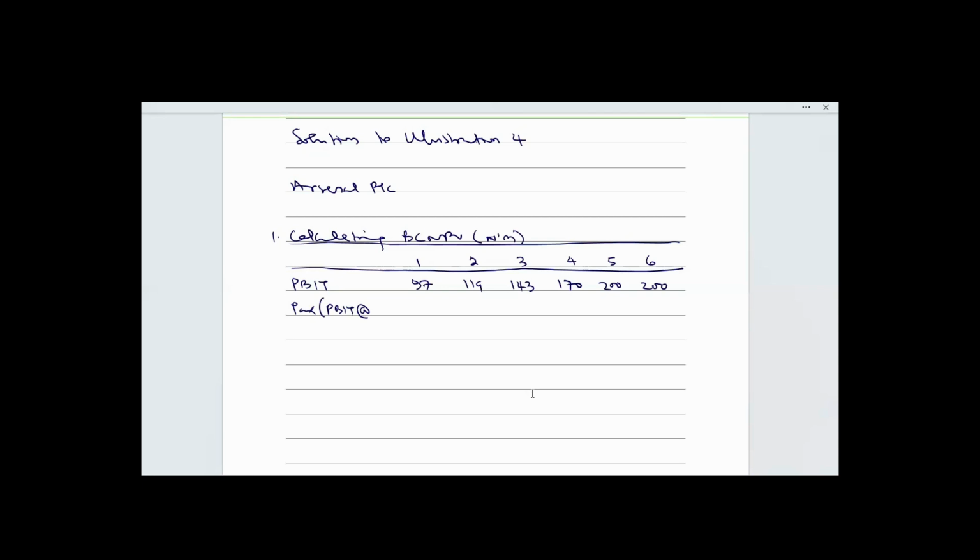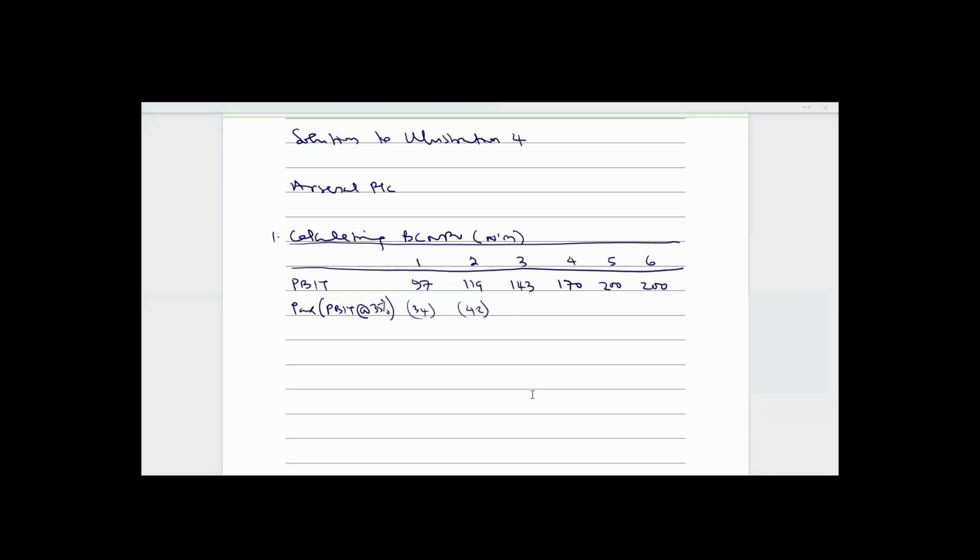According to the question, what's the tax rate? We are given tax rate of 35% per annum. Therefore, bring out your calculator. 97 multiplied by 0.35 equals 34, rounding. Next one, 119 multiplied by 0.35 equals 42, rounding.